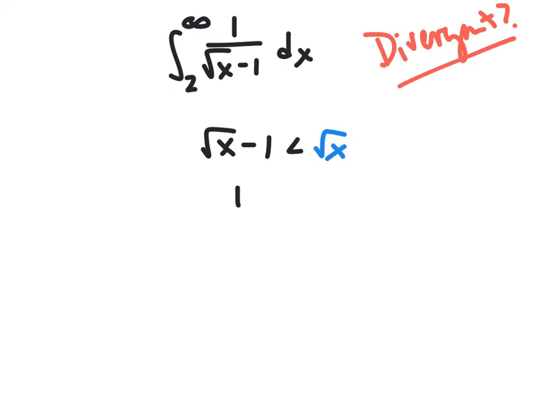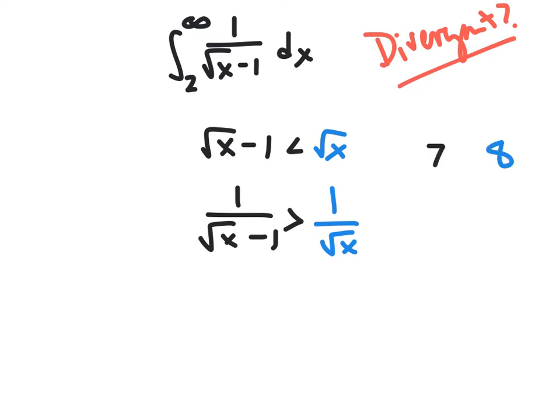But then how does this compare to this? Well, it's going to be greater. It's just like saying this. Is 7 greater than or less than 8? Well, it's less. But how about 1/7? How does that compare to 1/8? Well, it's greater.